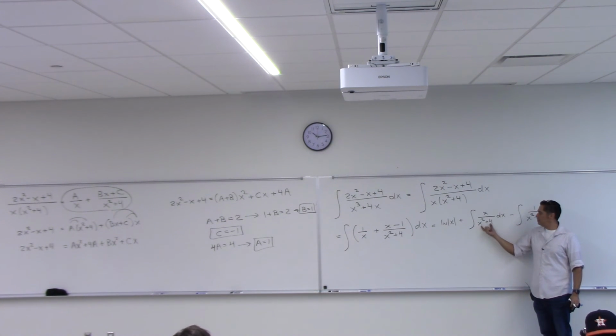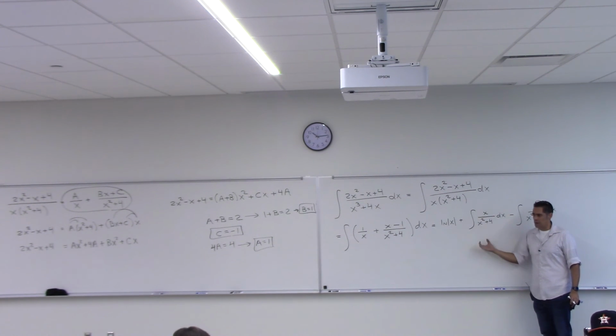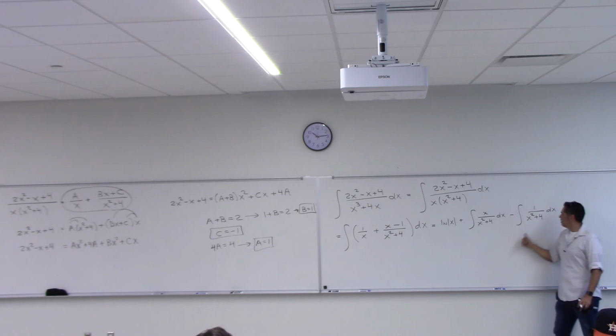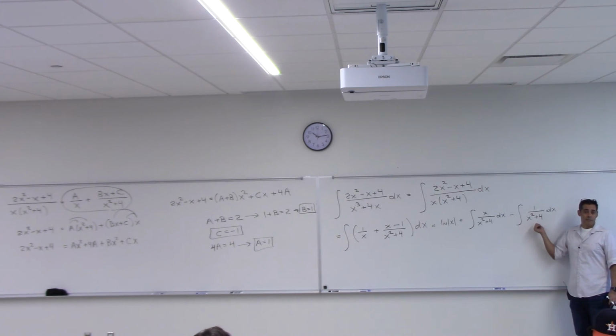If u is x squared plus 4, what's the derivative of that? 2x, you're off by a constant. That's the first type of integration we learned. This one triggers arctangent. This is the first formula we did last class, a squared plus u squared on the bottom.